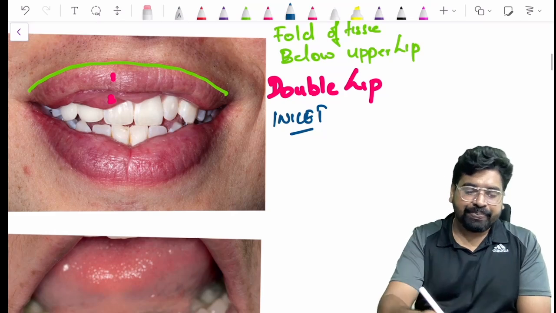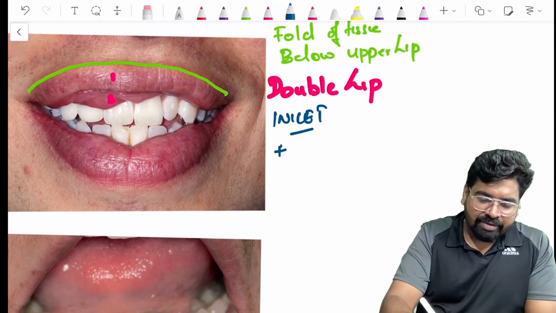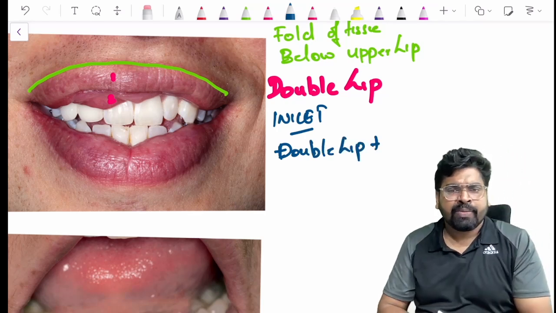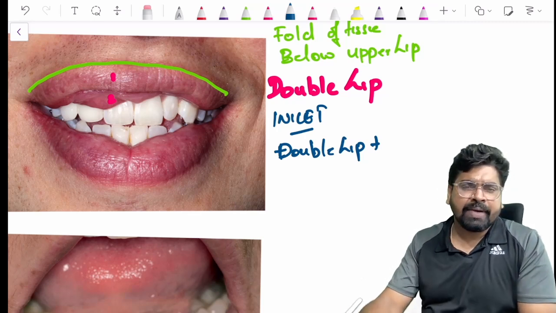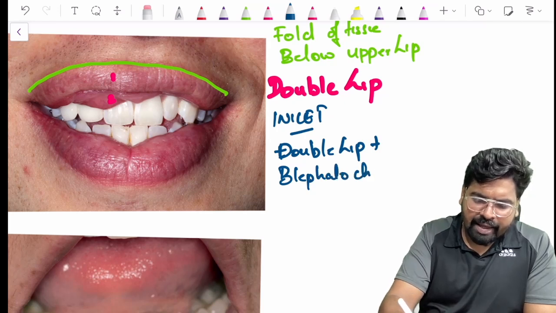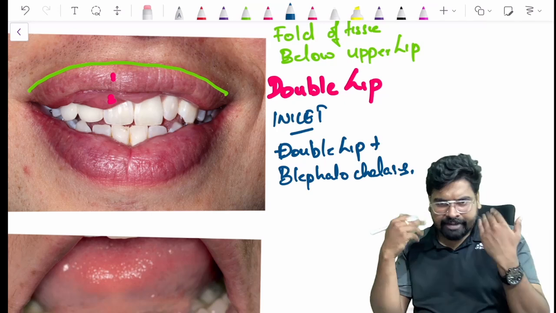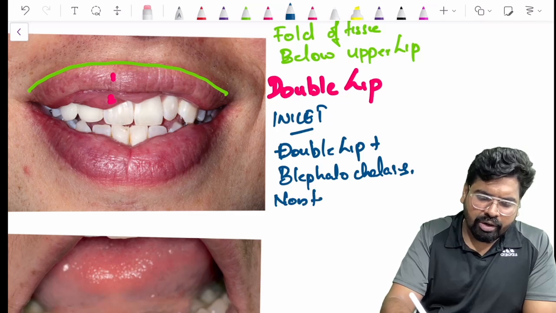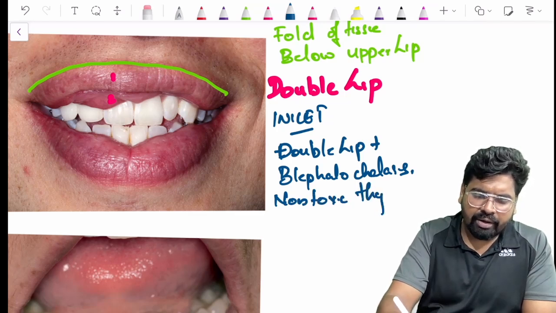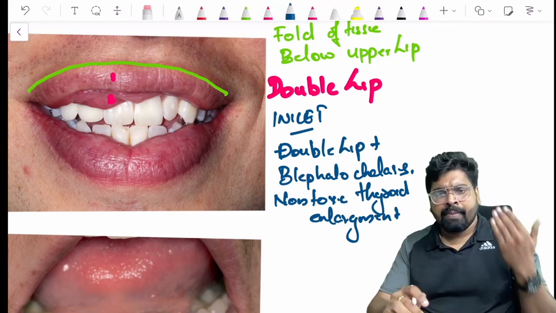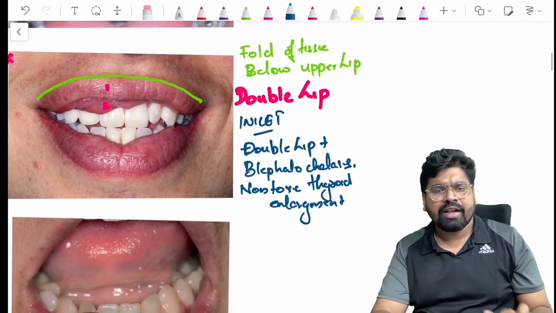What is the syndrome? The person is having double lip, blepharochalasis, that is, the eyelids are drooping, and non-toxic thyroid enlargement.